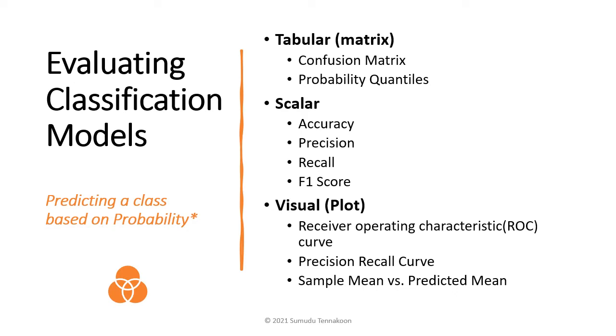And for visual methods, we can quickly visualize how well your model is performing with a receiver operating characteristic curve, in short the ROC curve. The ROC curve can also provide a scalar value called area under ROC. We will discuss that. And the precision recall curve, in short PRC, also provides another scalar metric, the area under the curve. And you can also plot a sample mean versus predicted mean. We will discuss this in detail. So these are the methods we can use to evaluate a classification model.